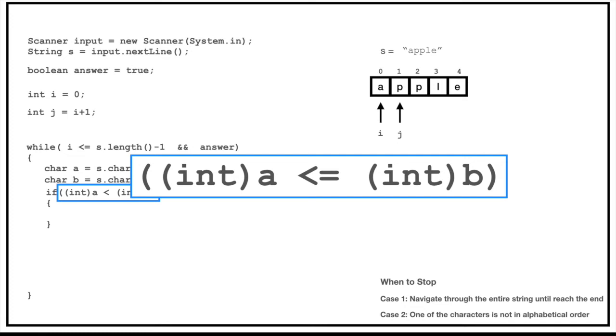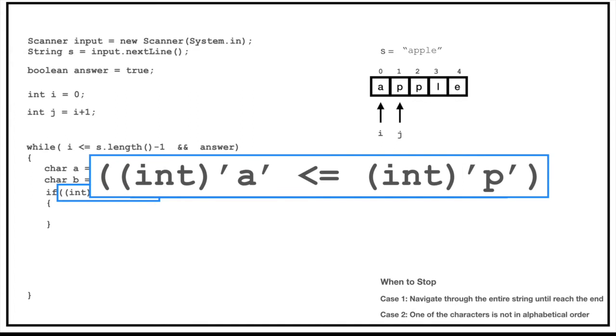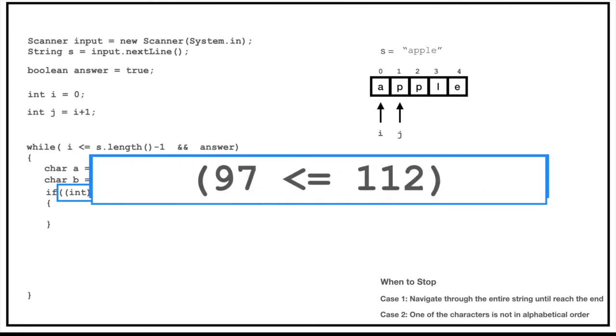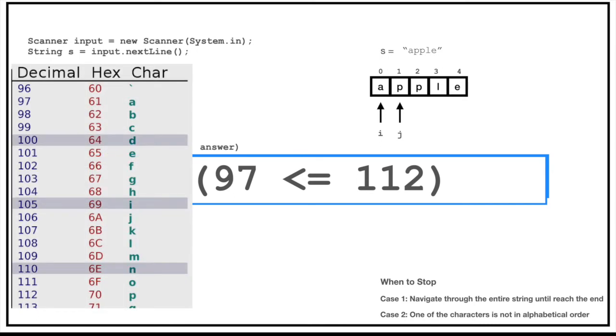So basically, Java will read this statement as the value of character A and the character P, and when it reads it, instead of just processing the characters, it will process the numbers. Does that make sense? Because 97 represents the character A, and 112 represents the numeric value for P.